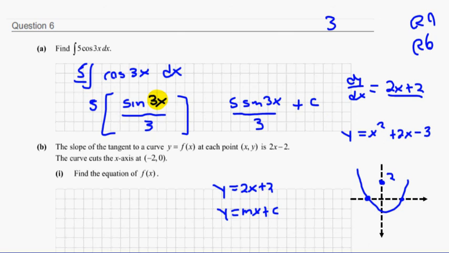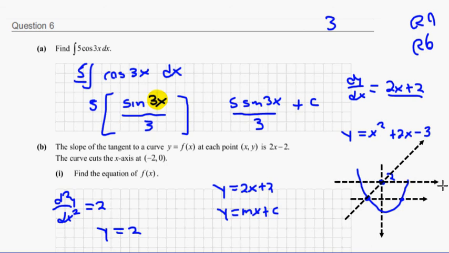And you see that you actually get a straight line from that, yeah? What happens if I differentiate a second time? d2y dx squared becomes 2. And what happens if I draw y equals 2 then? Horizontal line across at 2.